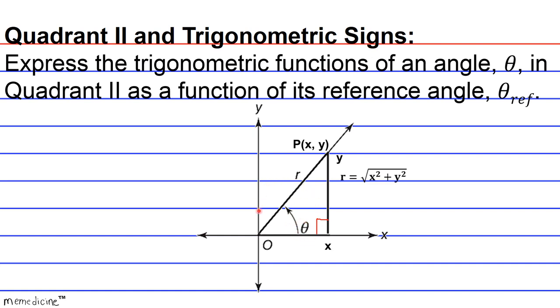This is our angle in standard position, specifically our positive acute angle in standard position, positive because we're getting large in the counterclockwise direction. But we're not interested in quadrant 1. Rather, we're interested in quadrant 2. And as an aside, the reference angle for quadrant 1 is just going to be theta itself.